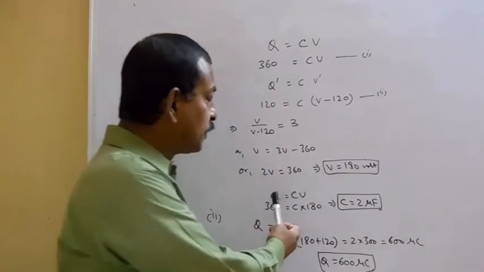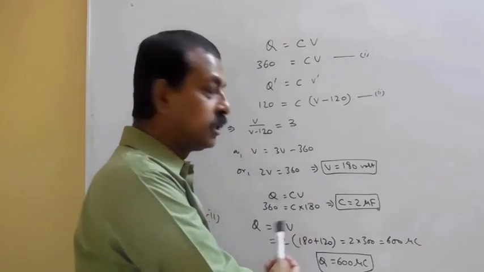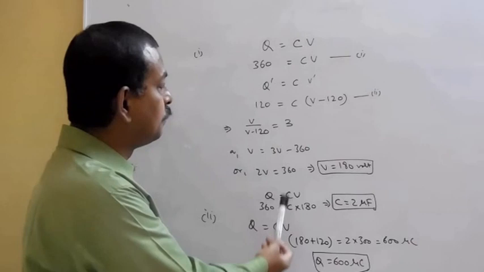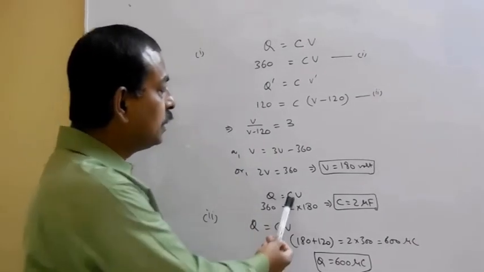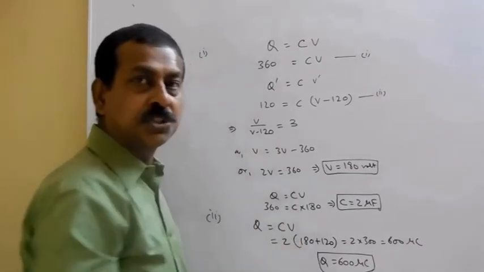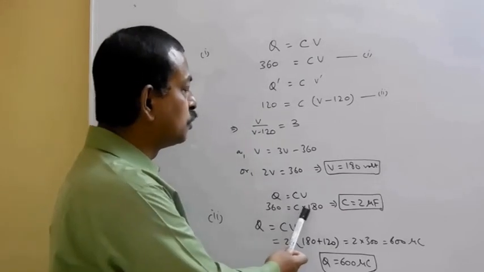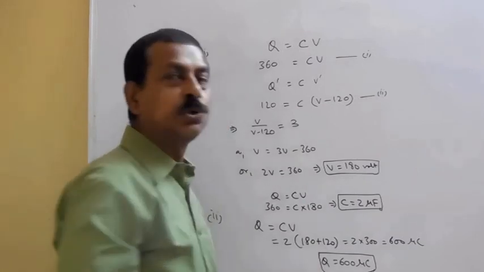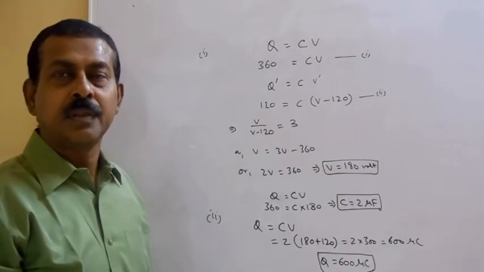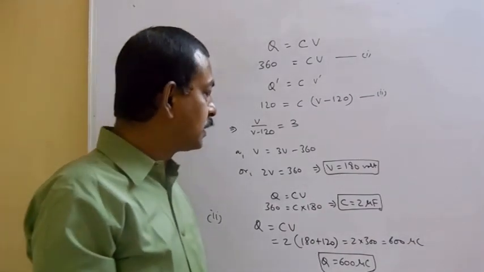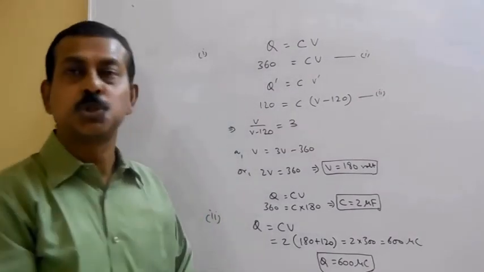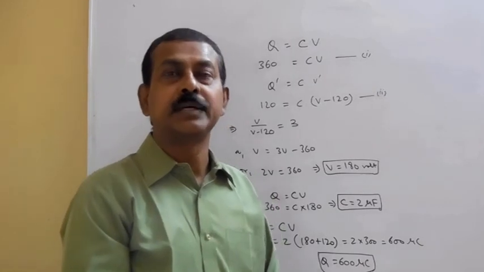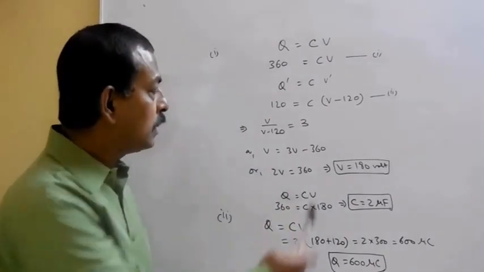Now for finding the capacitance, we use Q equals CV. The charge is already given as 360, so 360 equals C into 180, and that gives the capacitance as 2 microfarad. In the next part, it is asked what the charge stored will be if the voltage is increased by 120 volt.